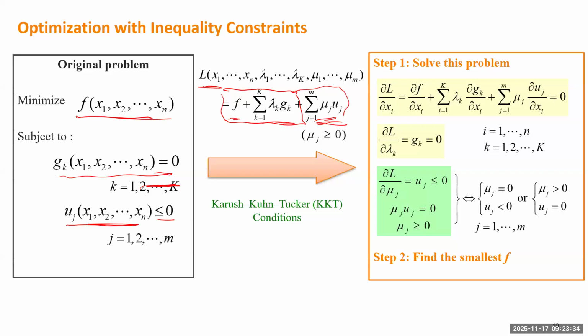So we multiply this mu by each expression of the inequality constraints, and we add those components into the new cost function L. But there will be two possibilities. First, each inequality constraint is fully satisfied, which means the value is within the boundary, not reaching the boundary. The second is that it is right at the boundary. So we need to deal with them differently.